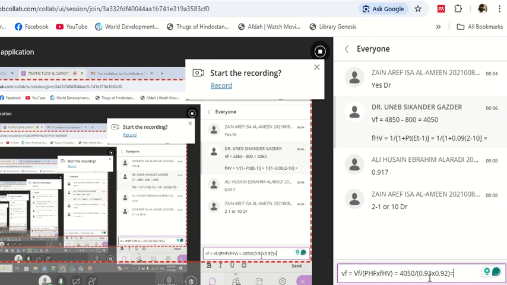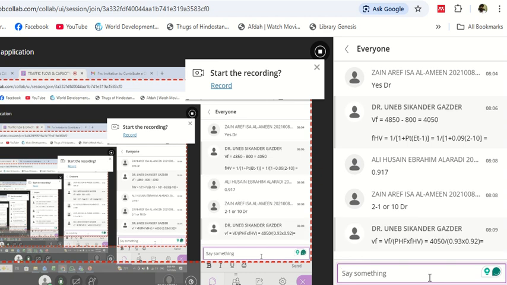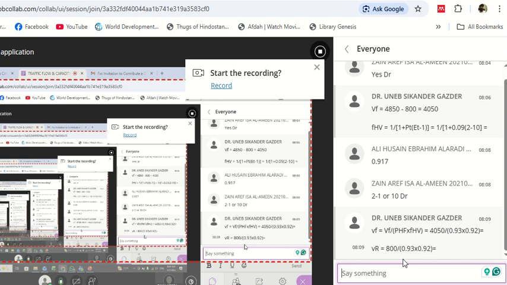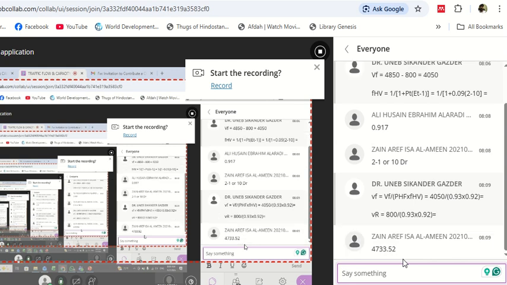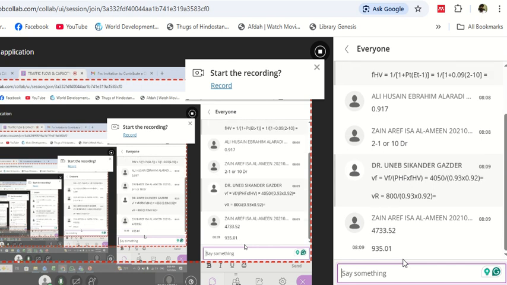Okay, so this will be for the freeway, and for the ramp it will be the volume of the ramp, and the rest of the things will remain the same. Okay, and for the ramp.